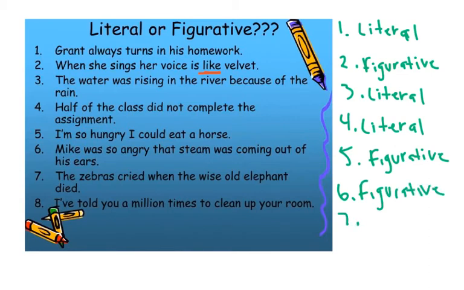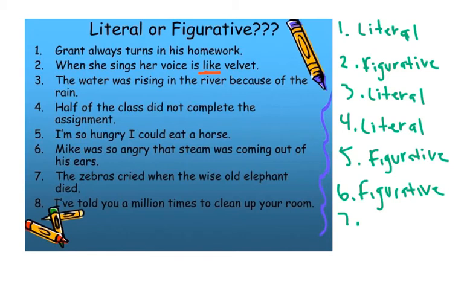Number 7. The zebras cried when the wise old elephant died. So that's a tricky one. A zebra could certainly cry if in pain and whatnot, but I don't know that they would be crying in reaction to an elephant death. It sounds like maybe this would be in a story about animals where the animals are personified.